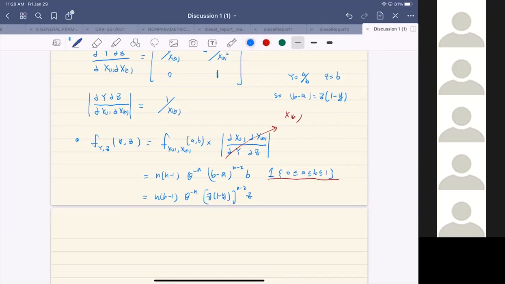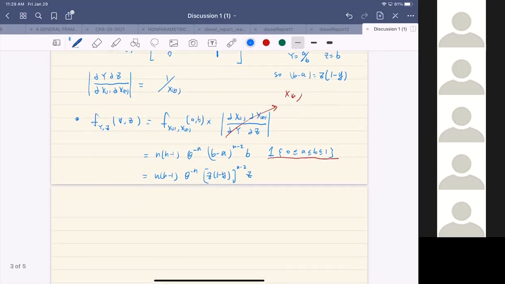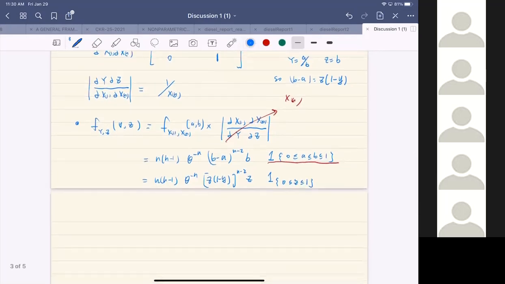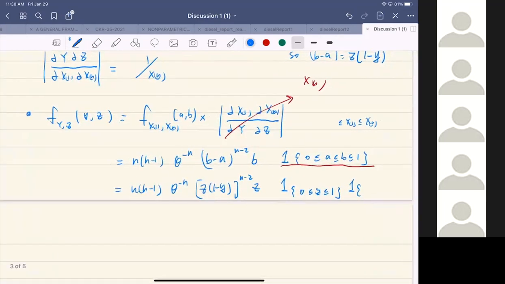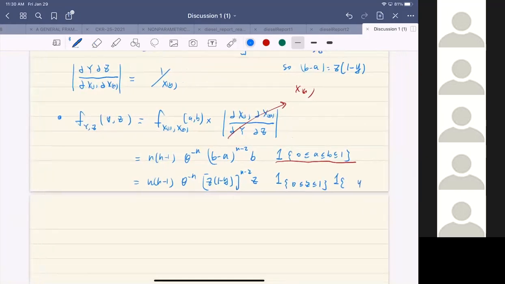So the domain of z is from 0 to theta. And because S1 is smaller than Sn, we have an additional indicator function: y is also between 0 and 1.